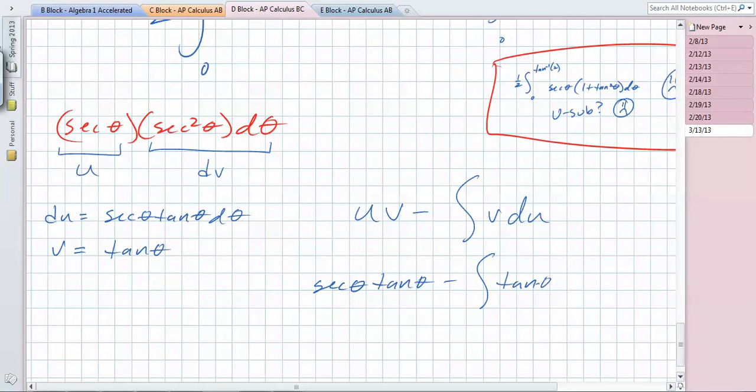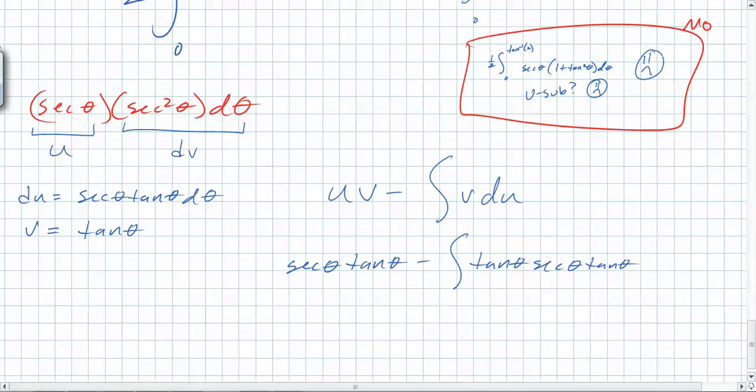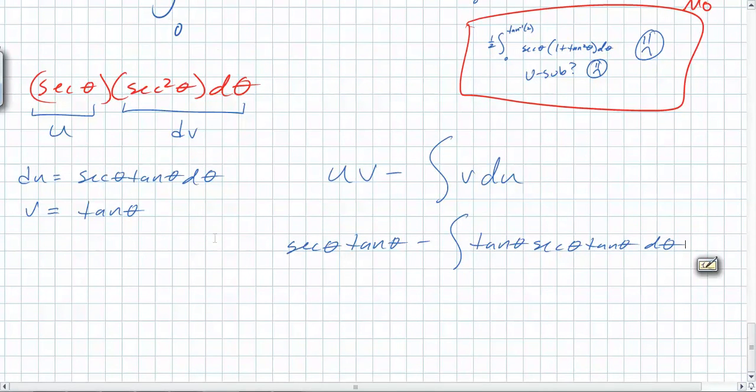Tan theta, and du is tan theta times d theta, correct? Just to be 100% complete, what do we have on the outside? A 1/2, right? And it's all of this, correct? And we have to do this from 0 to tan inverse of 2.